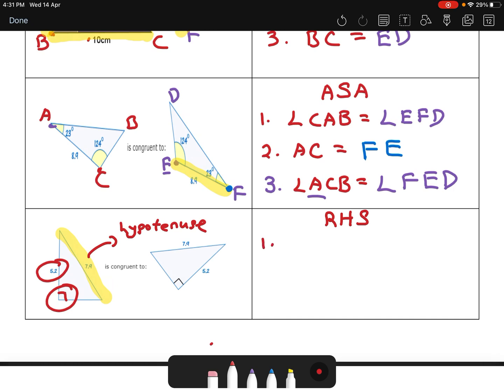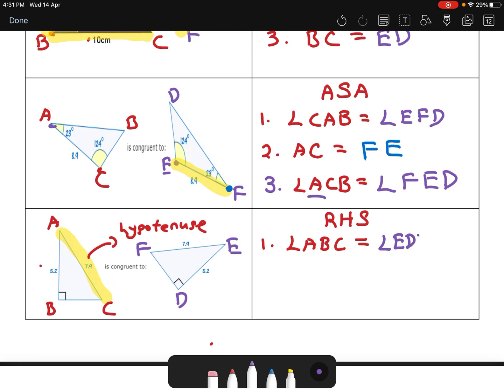Okay, let's test for the right angle. Right angle is the easiest to test, but before that I must write the vertices. A, B, C, D, E, F. The first will be the right angle. So angle ABC is equal to angle EDF, right? The second test will be our hypotenuse, the longer side.